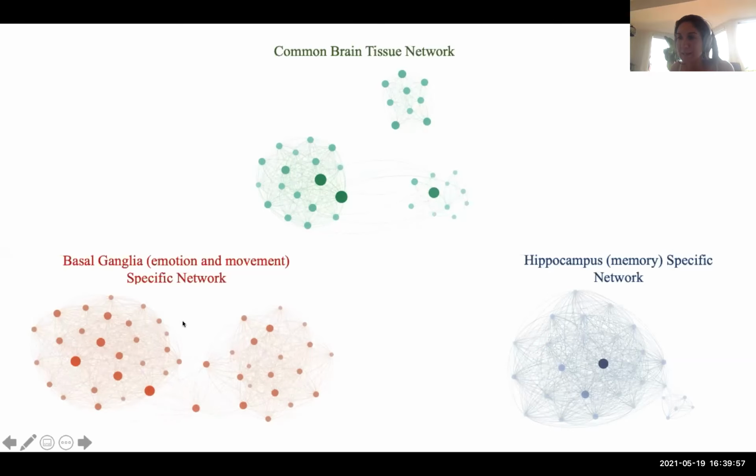The basal ganglia is related to emotion and movements. The hippocampus is related to memory, short and long memory, and actually is one of the first regions to be impacted by Alzheimer's disease.